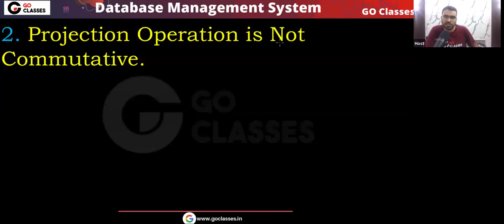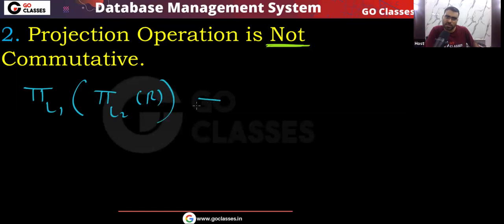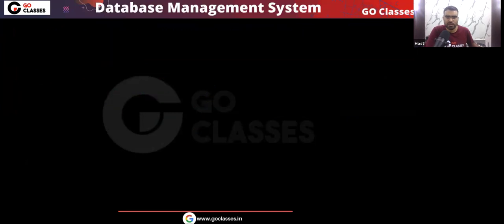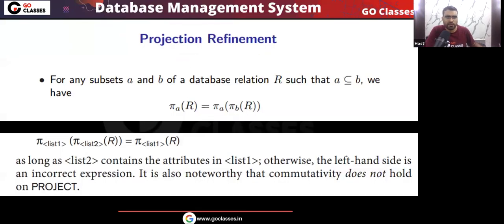What about the projection operation? That is not commutative, yes or no? This point also we have seen. Let's assume pi L1, pi L2 R, then this is not the same as pi L2, pi L1 R. And we have seen that if A is a subset of B, then this property will hold, yes or no?